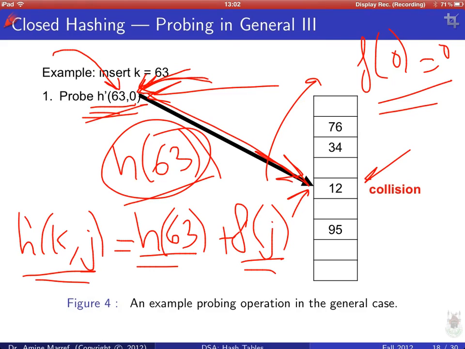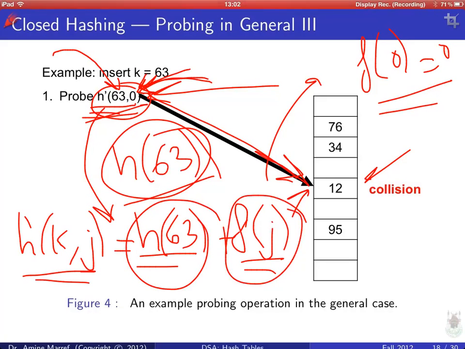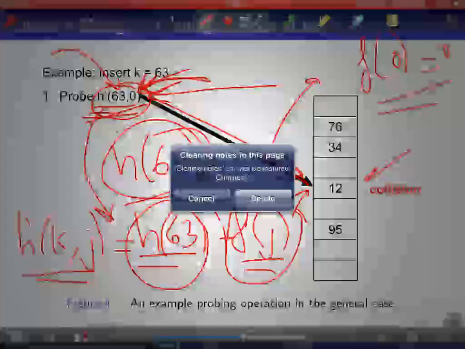Now in delete, we are first going to do the lookup. So use the hash function, find the first slot. If it's not the item we want to delete, then follow the probing sequence until we find the item or until we have reached either an empty slot or the whole table is full.